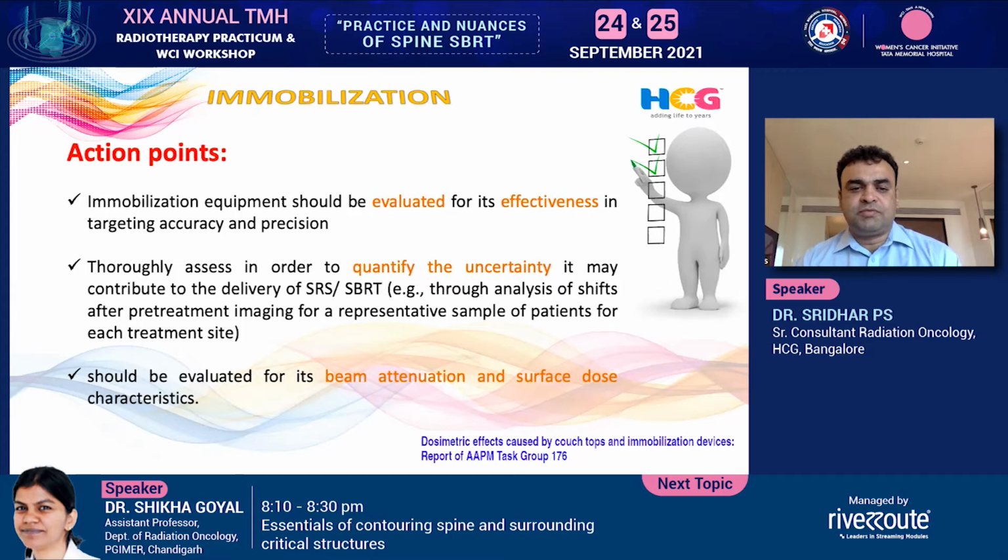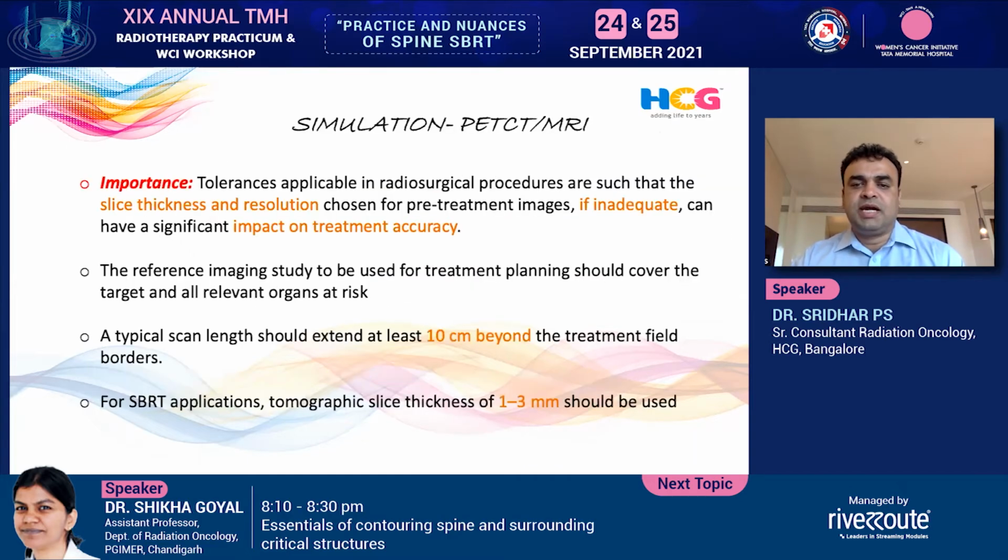That should be done from your physics side, and thoroughly assessed to quantify the uncertainties if it contributes to the delivery of SRS or SBRTs, and should be evaluated for beam attenuation and surface dose characteristics. These are the task group recommendations, and I'm sure your physicist will consider all those things.